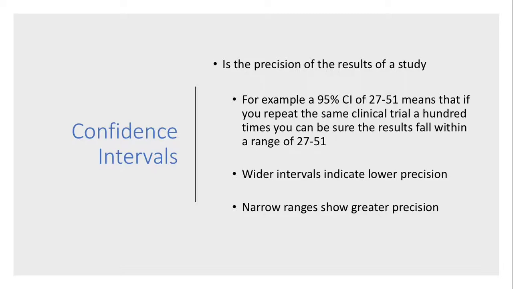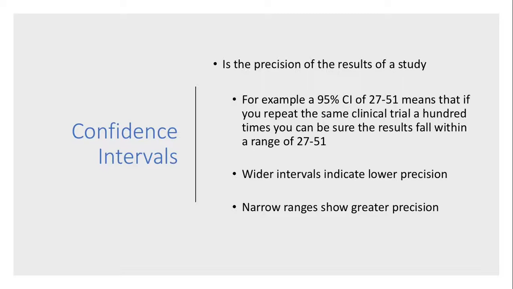All right. What are confidence intervals? A confidence interval refers to the precision of the results of a study. Typically we have what's called a 95% confidence interval. So maybe you have a mean value and a 95% confidence interval, which means that 95% of the time the value you find is going to fall within that range of values.